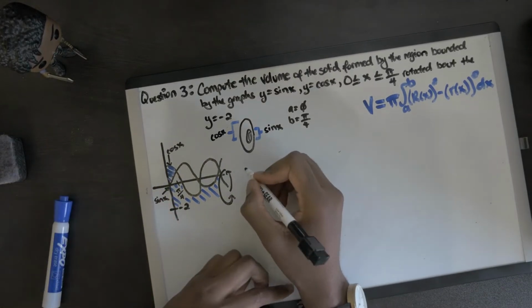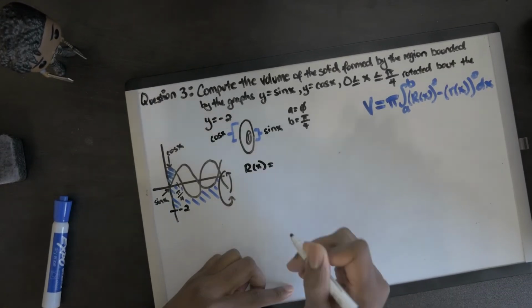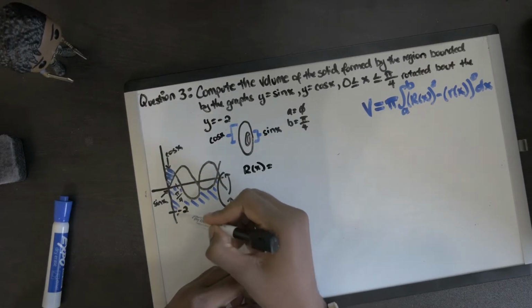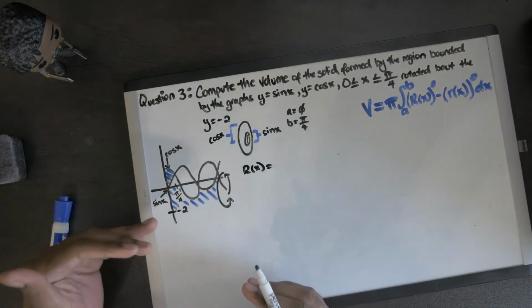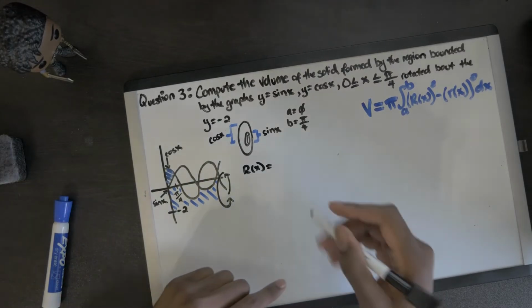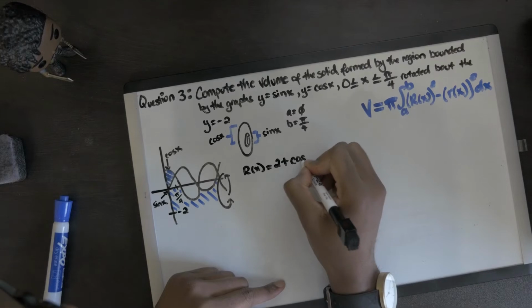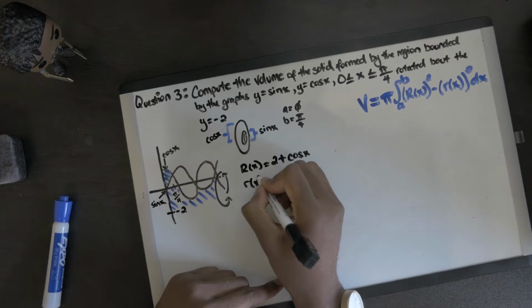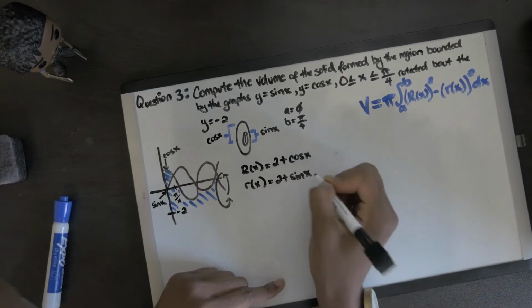So when we're looking at the capital R function here, we're going to look at cosine x, but we're going to actually add the additional portion to that region, which is 2 in this case. Even though it's a -2, it's still a positive value that we're adding to it. So now this is actually going to change into 2 plus cosine x. Of course we would do the same for the smaller r here, which will be 2 plus sine x.